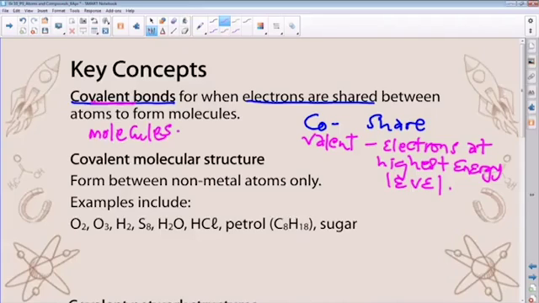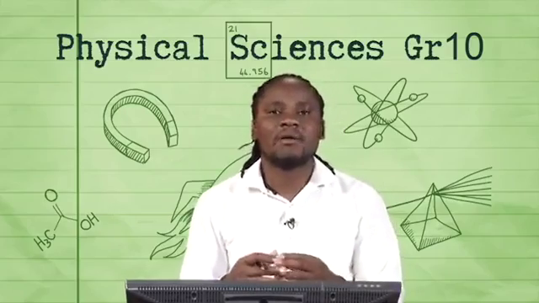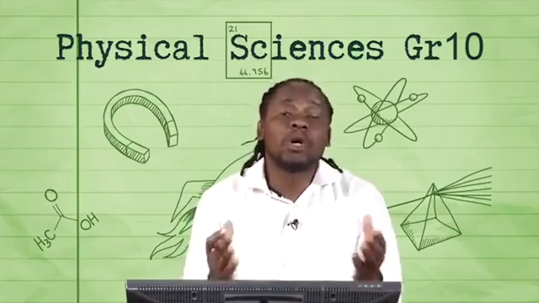So, molecules can be molecules of elements, or molecules of what? Compounds. In other words, when covalent bonding takes place, it can take place between atoms of the same kind as well as atoms of different kind. But I must also indicate that we also have elements that exist in monoatomic form.